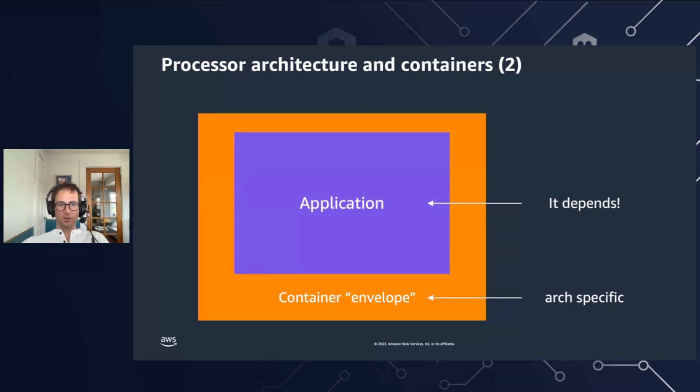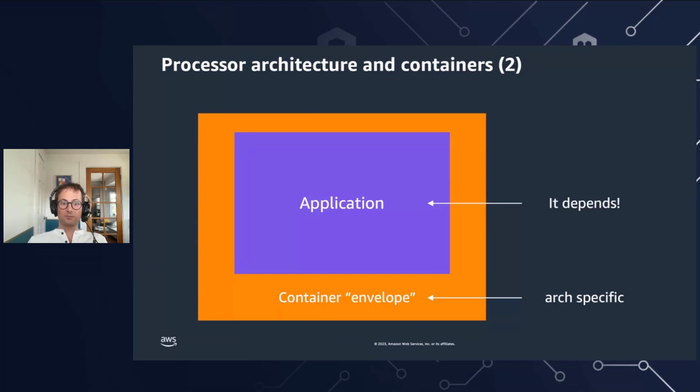If we zoom into the container instance that is executing on top of that environment, you'll have actually two things. You have what I call the container envelope, so all the environment that is coming with the container image, the libc, for example, that is included, a couple different libraries that are coming as dependencies, and that envelope is architecture specific. You need to have a version for ARM64, and you need to have a different version for the x86 architecture.